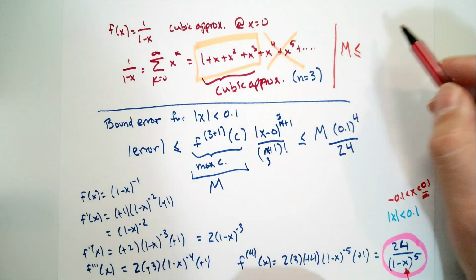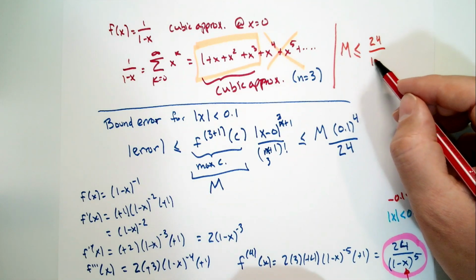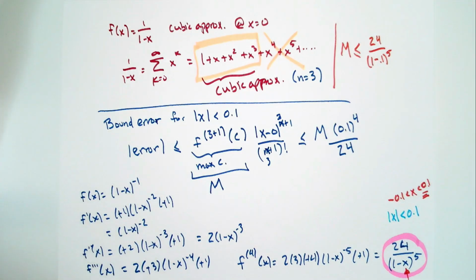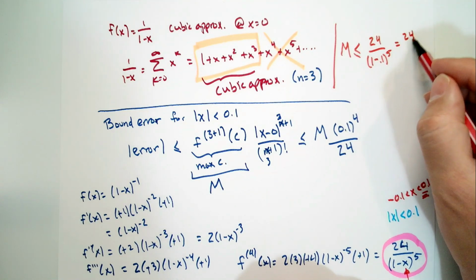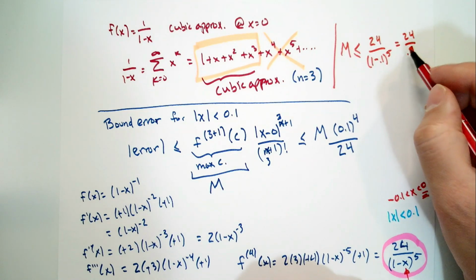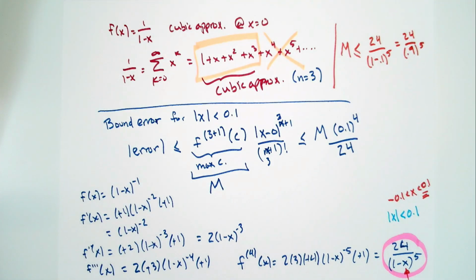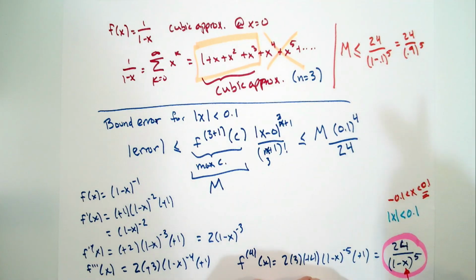So m is at most 24 divided by 1 minus 0.1 to the fifth. All right, or if you like, that's 24 over 0.9 to the fifth. All right, good. And that is using our best possible choice for m.